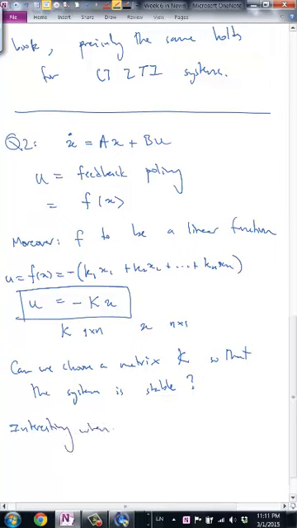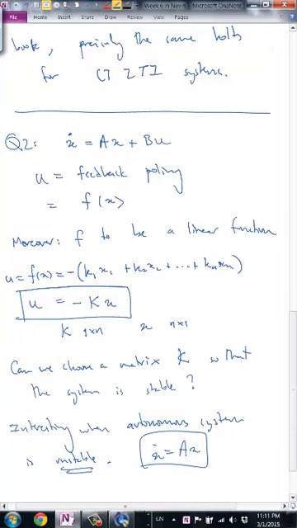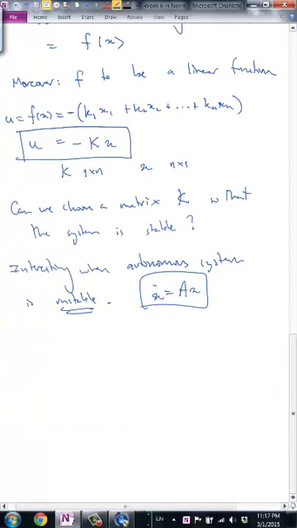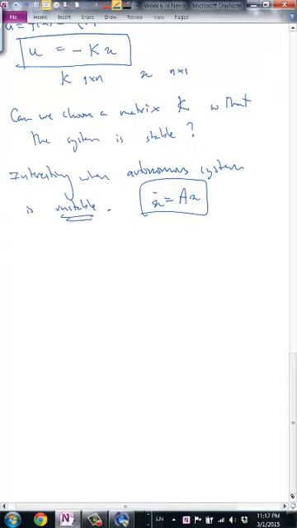Because if the autonomous system is stable, so recall the autonomous system is just x dot equals Ax. If this is already stable, then we can just choose K equal to 0, and so the answer is yes, but it's not very interesting. Okay, so this is the problem.